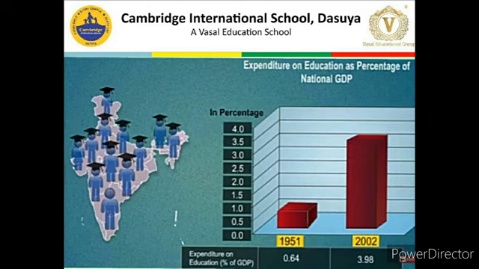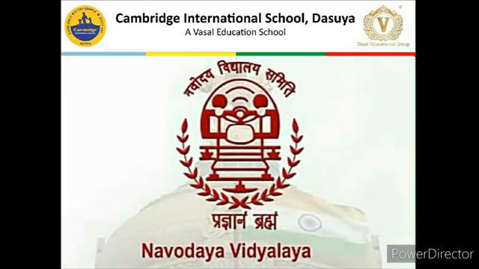Not only in monetary terms, the government has started many new schools, colleges and educational institutions. For example, Navodaya Vidyalaya has been established in each district. Vocational streams have been developed to equip a large number of high school students with occupation-related knowledge and skill.